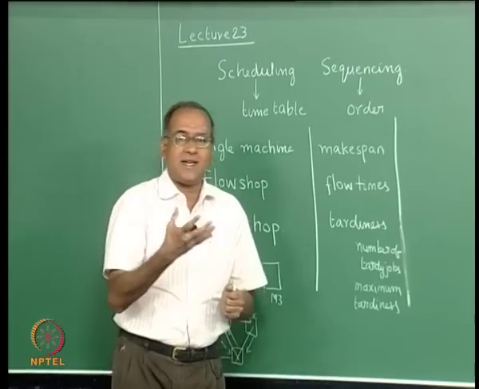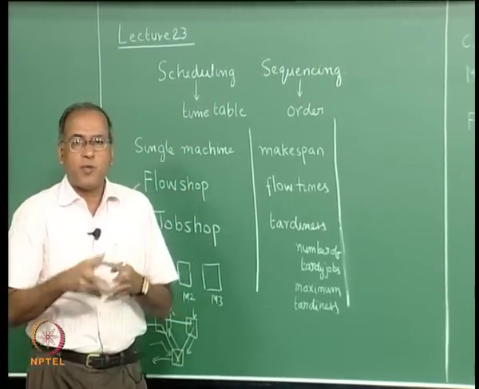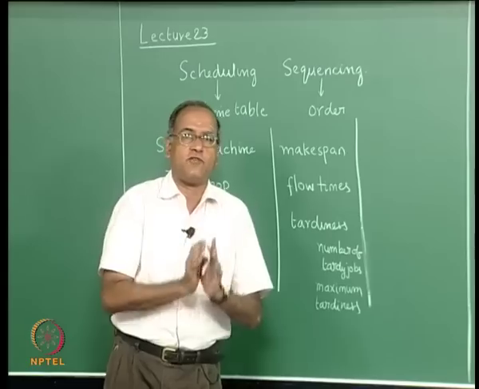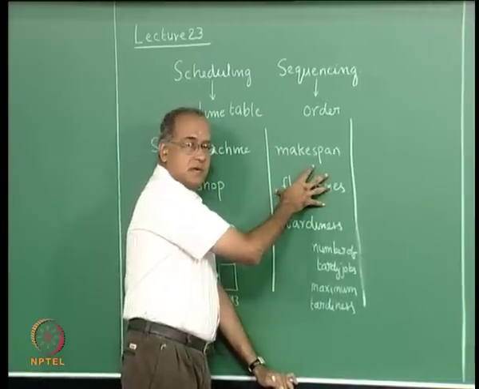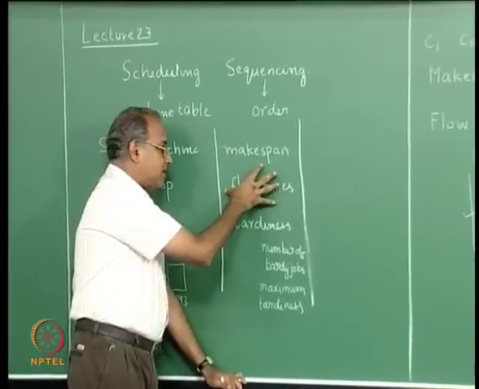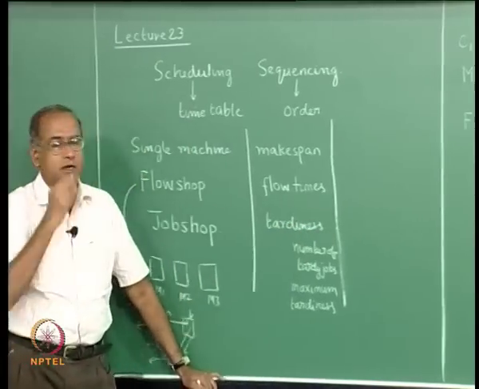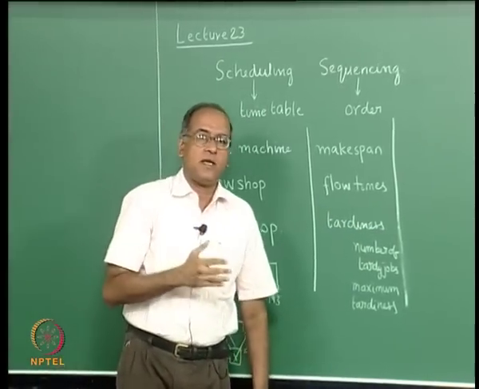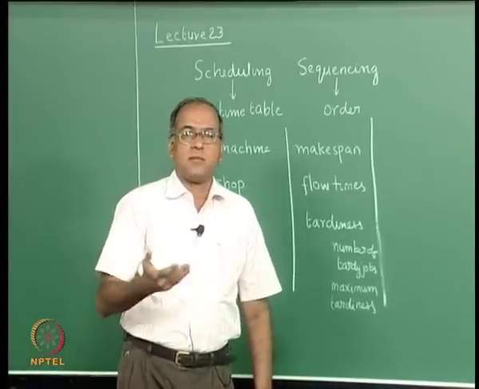But if we view it in the context of minimizing inventory, which is an important objective in modern day manufacturing, all the objectives become important. Flow times become important because they represent the amount of inventory held in the system. Tardiness becomes important in the context of being able to meet the due date and being able to meet the customer requirement.